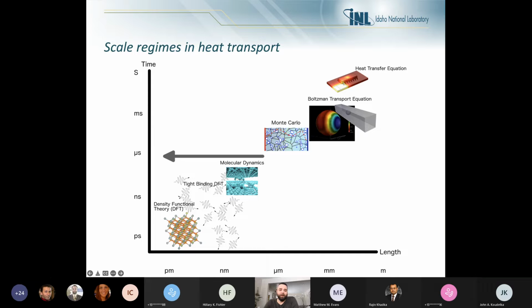But we actually want to inform what happens at Boltzmann transport from everything that happens with molecular dynamics, density functional theory, and these things. This is not going to get into the low-scale science of these things, but we can leverage these methods, codes and algorithms to give us data at the atomic scale that we can then use at the larger scale.